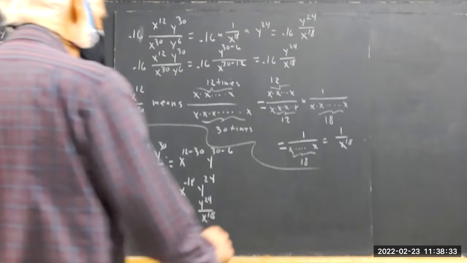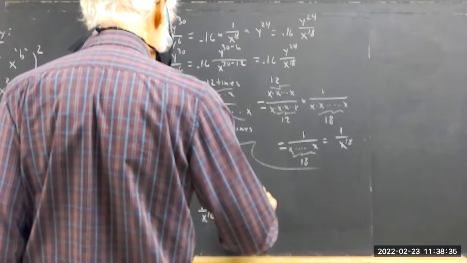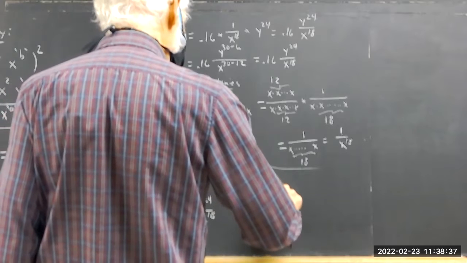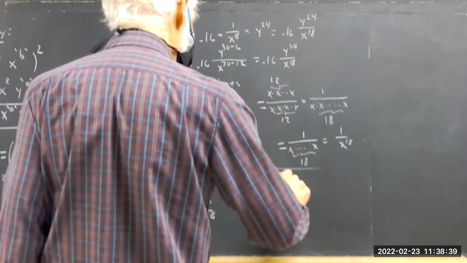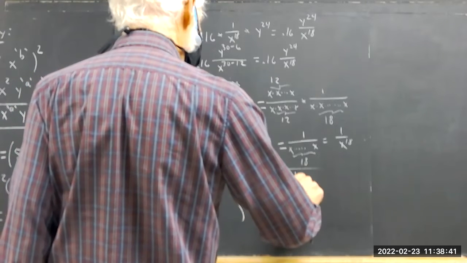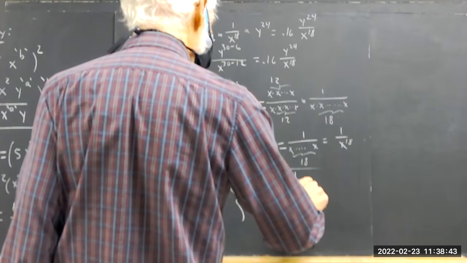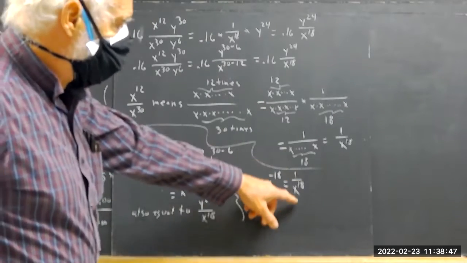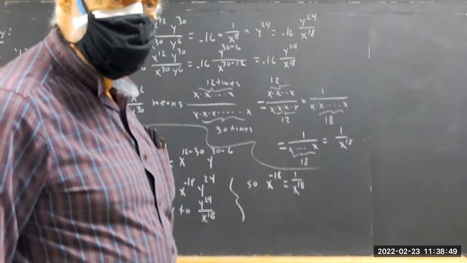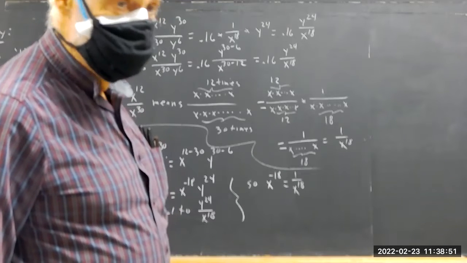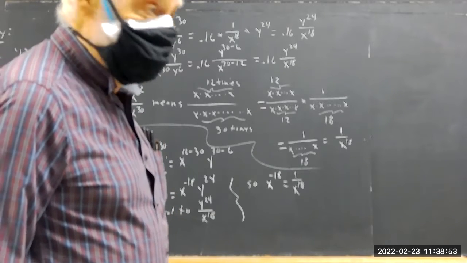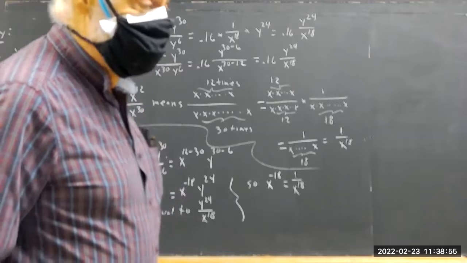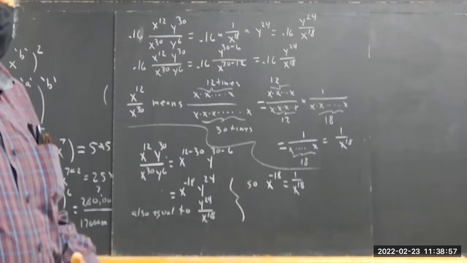So we conclude that x to the negative 18th is 1 over x to the 18th. Okay. So now we can subtract whether we're subtracting a bigger number from a smaller or smaller from a bigger.